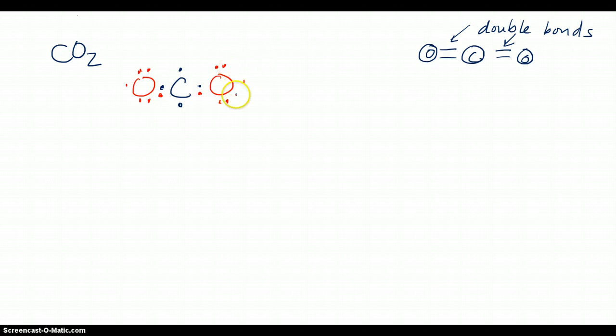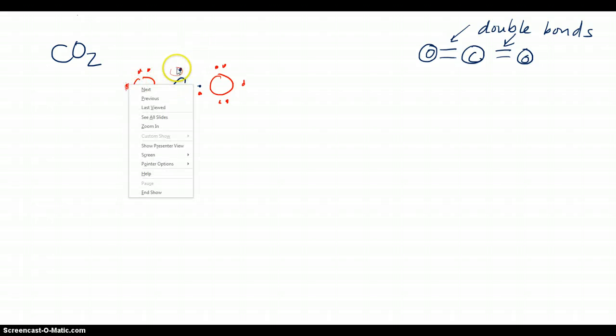Okay, so with that said, you notice that here I have a single electron, there I have a single electron, here I have one too, and there I have one also. What happens is that these single electrons move over, so this red one from oxygen will scooch over and end up over here. This one, so this is no longer here. This blue one will move over here. And you have now a double bond.